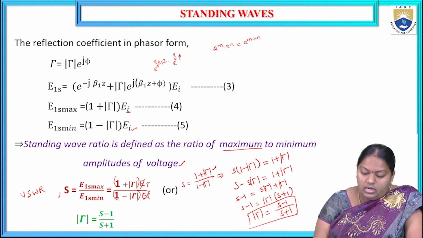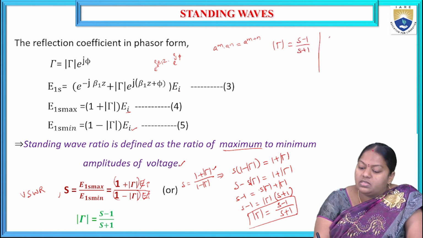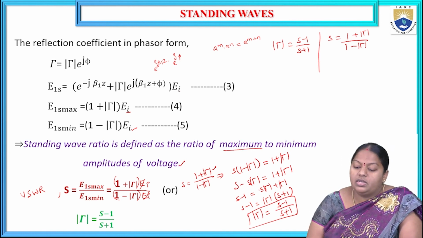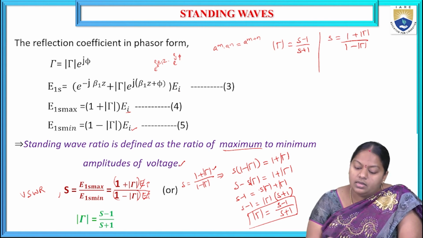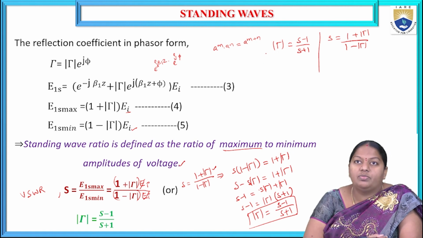From these two relations, we will write the ranges of these two factors, the reflection coefficient gamma and the standing wave ratio S.